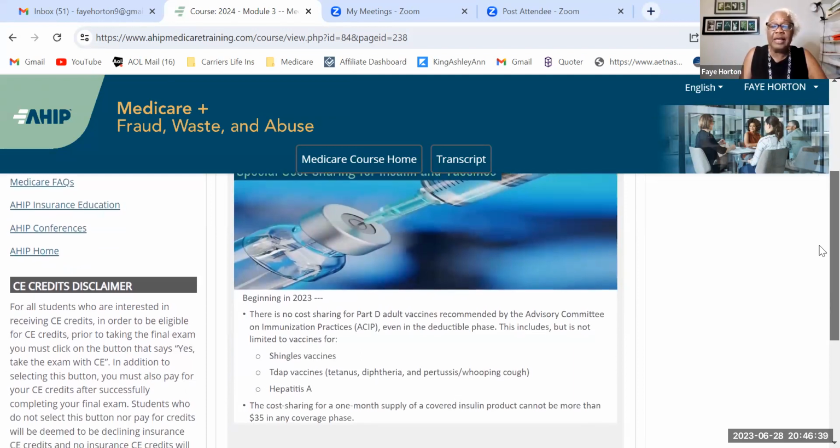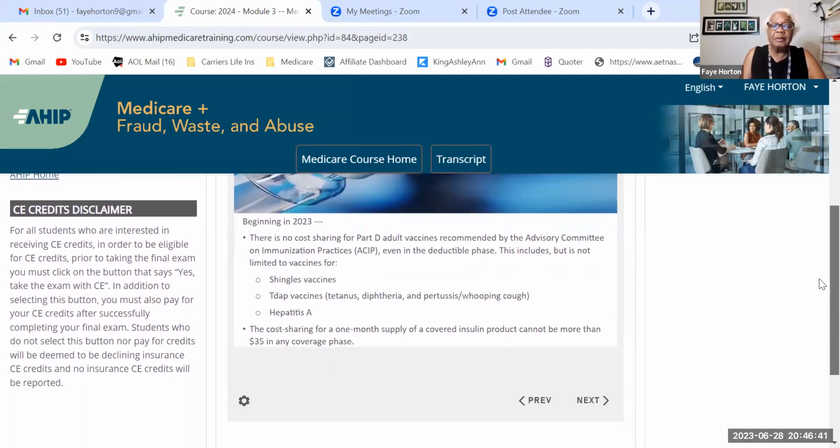Special cost sharing for insulins and vaccines. There is no cost sharing for Part D adult vaccines recommended by the Advisory Committee on Immunization Practices, even in the deductible phase. This includes, but is not limited to, shingles, Tdap, which is tetanus and diphtheria, and hepatitis A. I don't know, do they still give whooping cough shots?